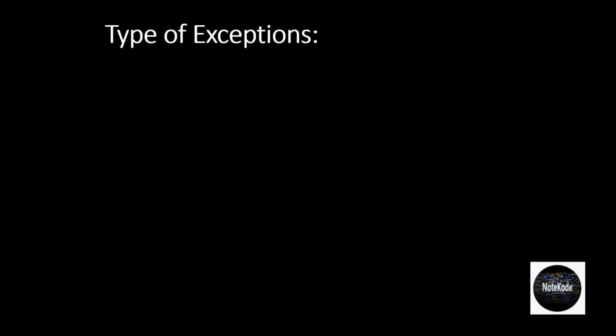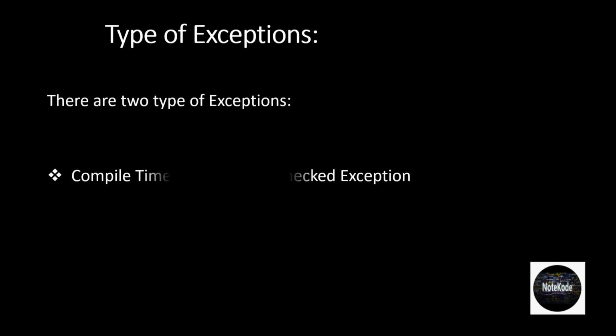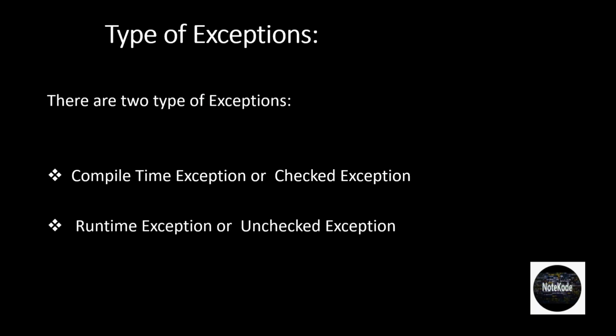Now, types of exceptions. There are two types of exceptions: compile time exception or checked exception, and runtime exception or unchecked exception. What is a compile time exception? All exceptions that appear at the time of compilation are known as compile time exceptions or checked exceptions. They are called checked exceptions because the compiler checks these exceptions during the compilation process.